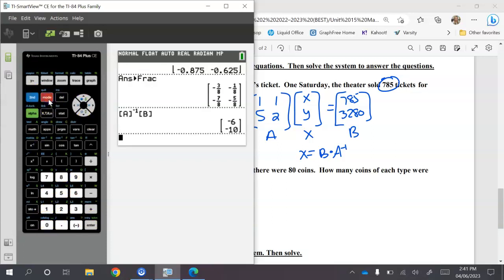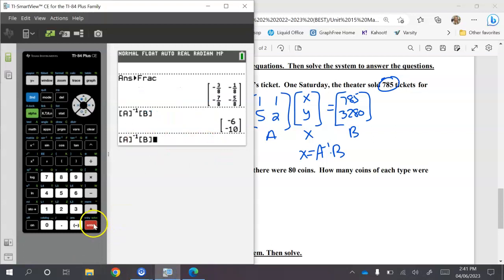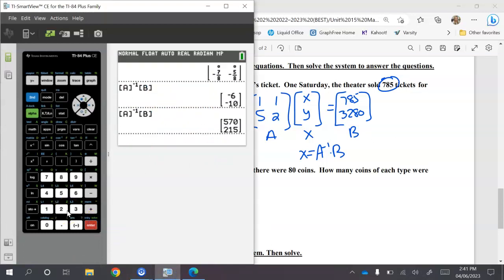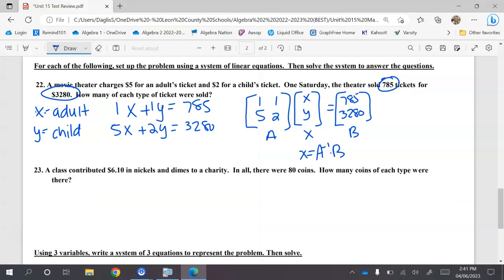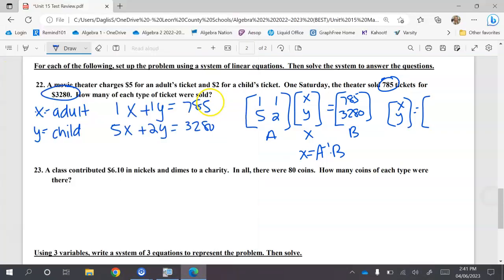I'm going to quit. We're going to multiply A inverse times B, because we should do A inverse first, I'm sorry. A inverse times B is the order that we need to do things in. Keep it in that order, push enter, and we get that our variable matrix, x y, now equals, what was it? 570 and 215.